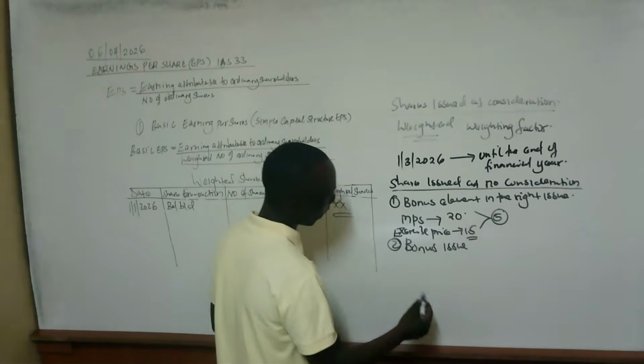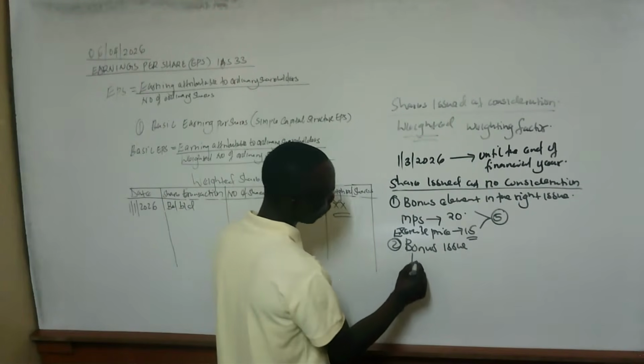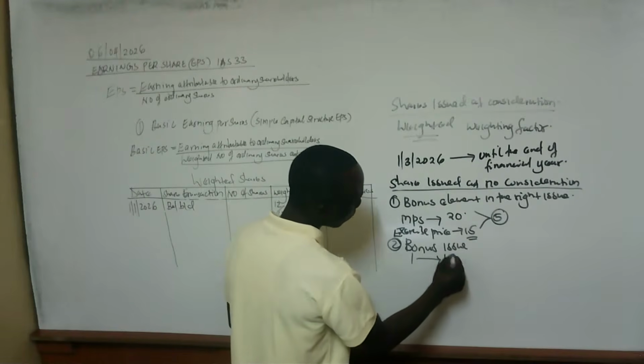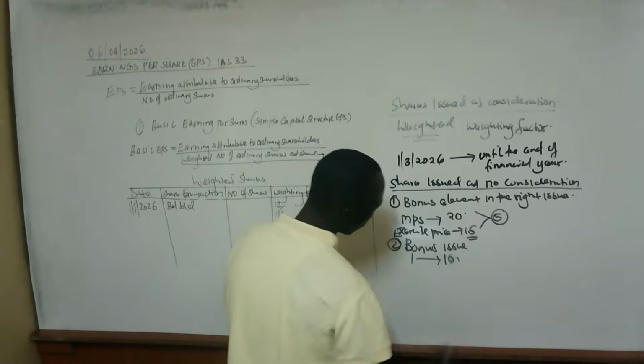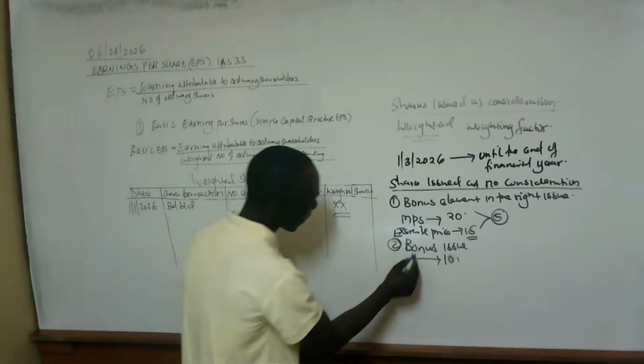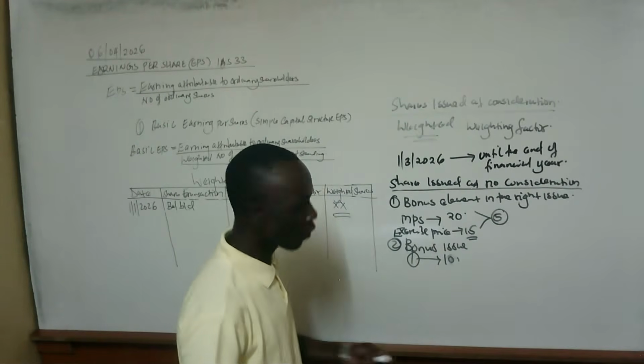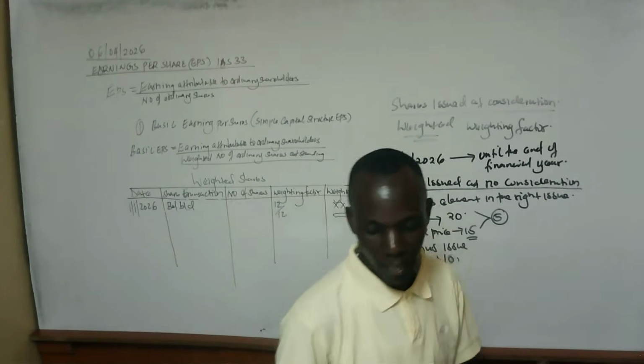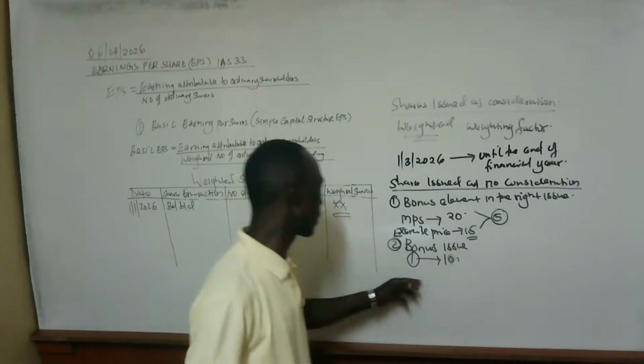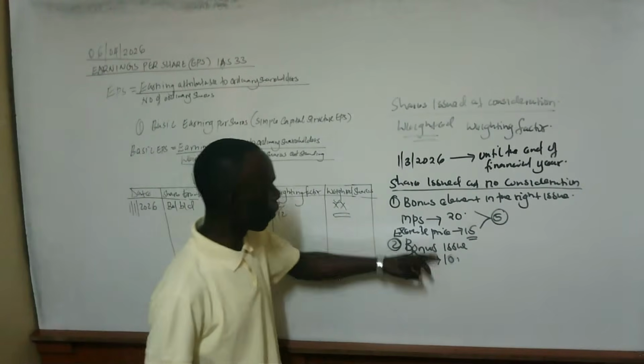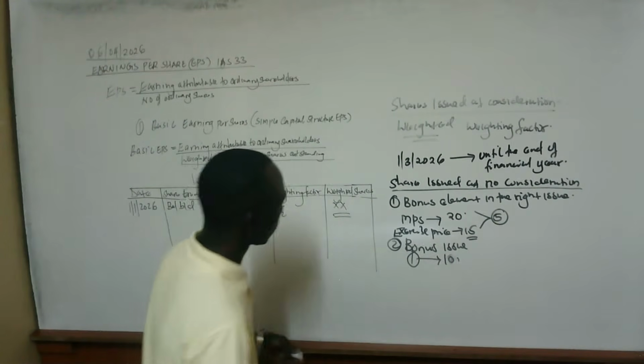For example, whereby the company agreed to give you 1 share if you have 10. So for this share, the company is not going to get any extra resources. So in this case, we call them the bonus issue.